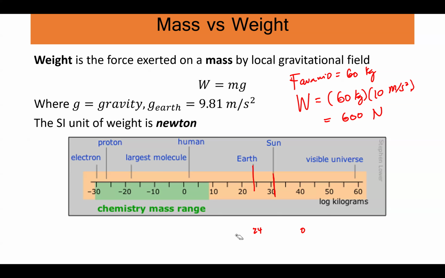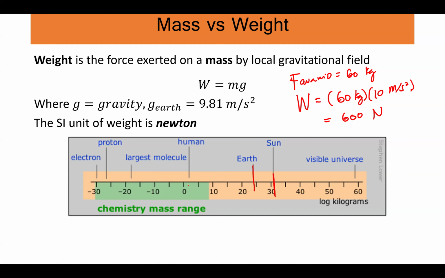For example, a human mass is about what? From 40 kilo to, let's say, 100 kilos, so about 10 to the 2 kilograms. So that's human mass, around this region.